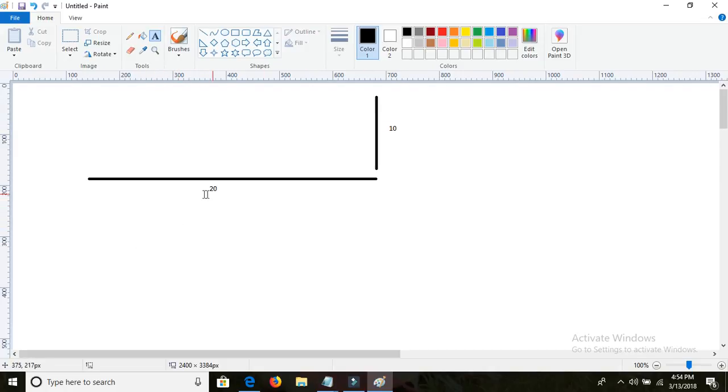We are already familiar that this is the x-axis and this is the y-axis. Since I draw the line from this end to this end, it is always in the positive direction, a positive value.